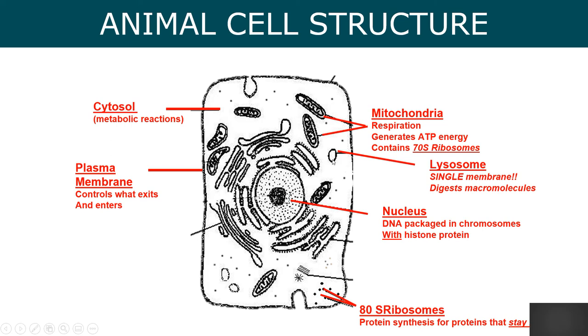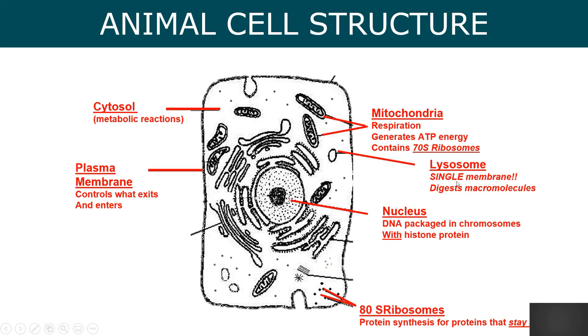So you might see these other structures around, and maybe they're lysosomes. The way that you can tell these apart is that they stain really darkly. And the lysosome is special because it is the only organelle in the entire cell that is not a double membrane.